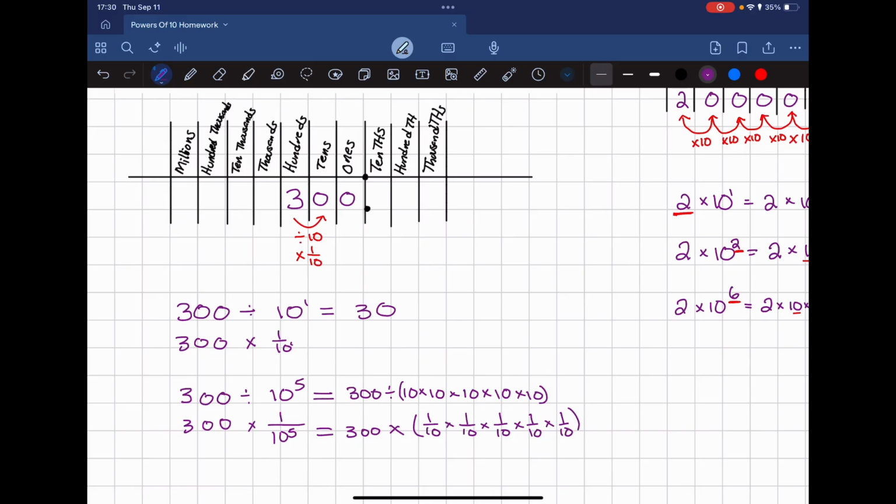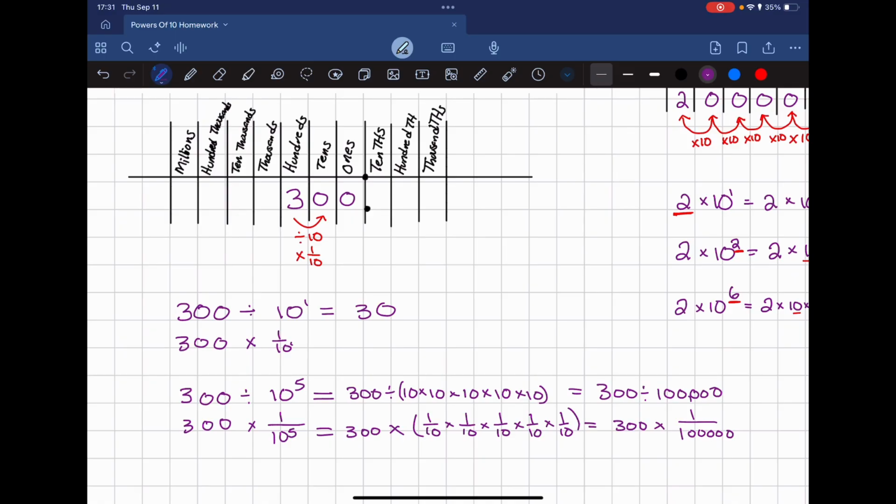Which is equal to 300 divided by 100,000, or 300 times 1 over 100,000.